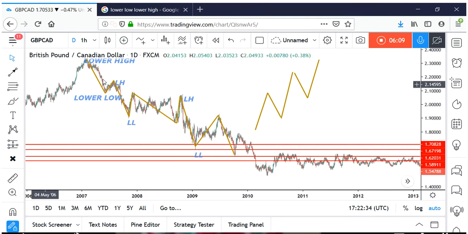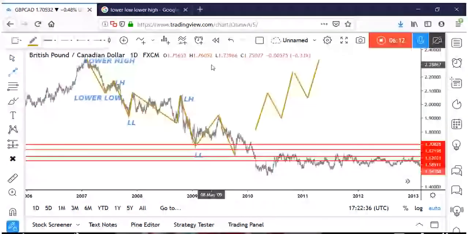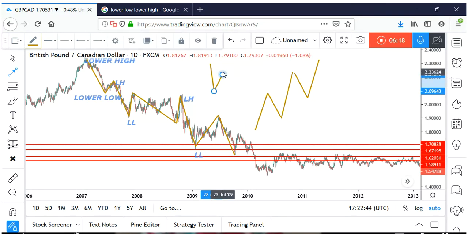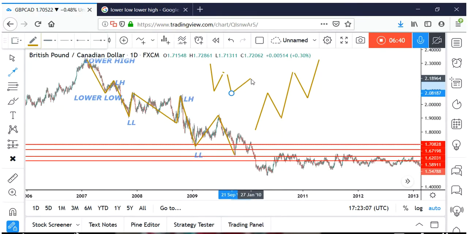And then a downtrend is the opposite of that. So we have a low, and then you get a pullback up, so you have a lower high, and then a lower low, and then you have a new lower high, and then a lower low, and then you have a lower high.